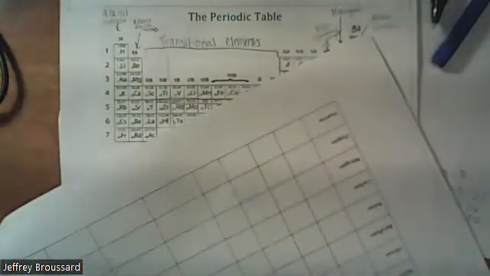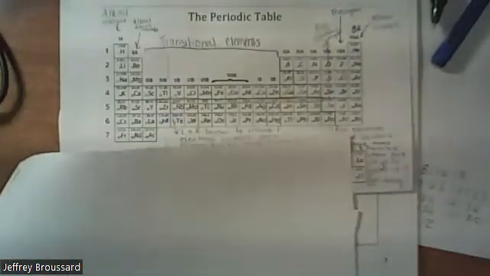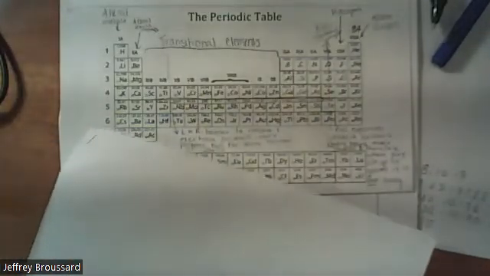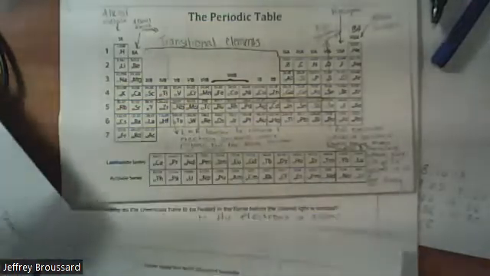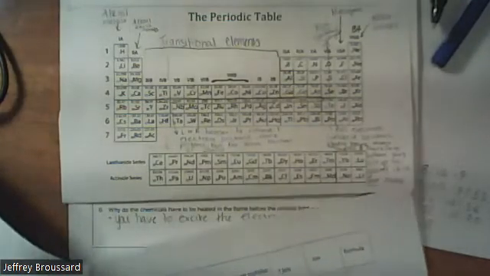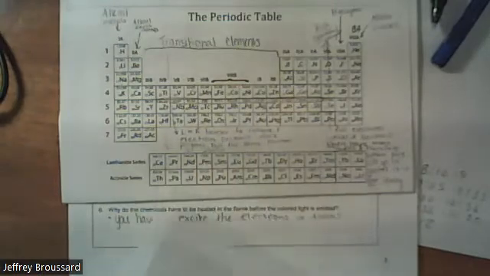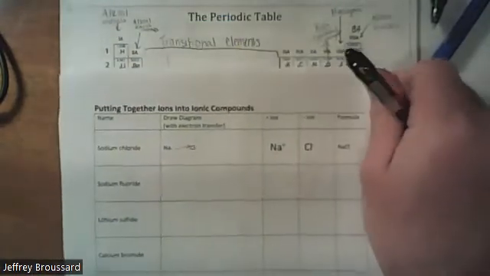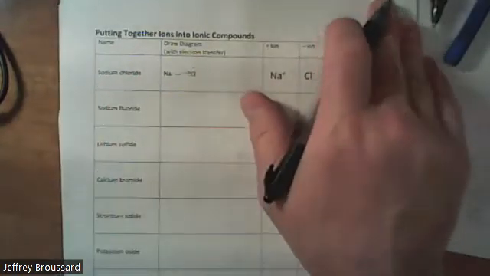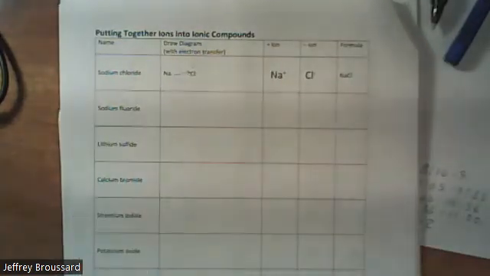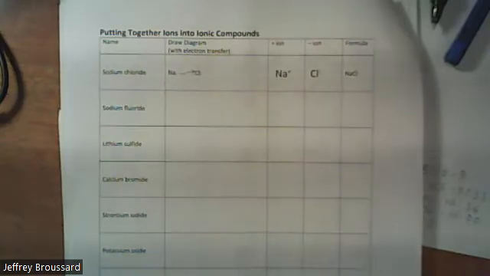Let's move on to putting together ions and ionic compounds. Let's move on to this one. So the first thing I'm going to do with this is show you guys the symbols for all of these for time purposes.